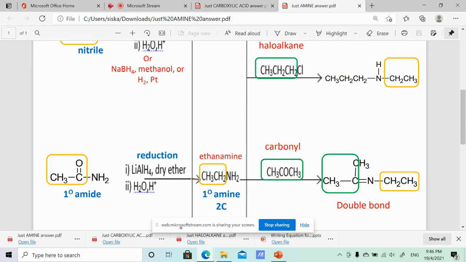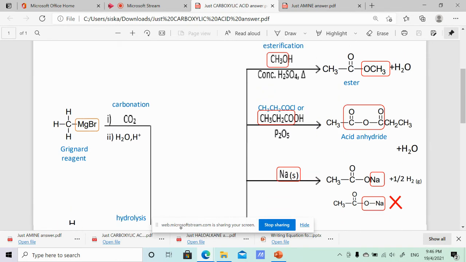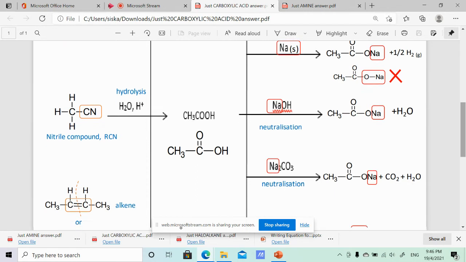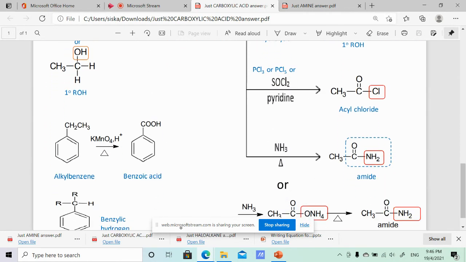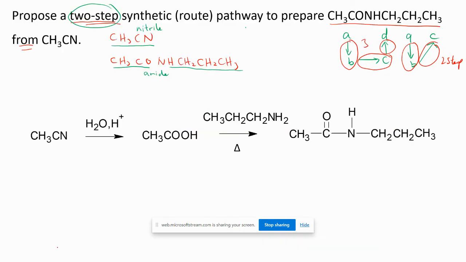Another one is that the nitrile compound can undergo hydrolysis, becomes carboxylic acid, and then when it reacts with ammonia or amine, it will produce amide. We can see here what we want is amide, so our answer is already in this map, that is carboxylic acid. Now we go back here.